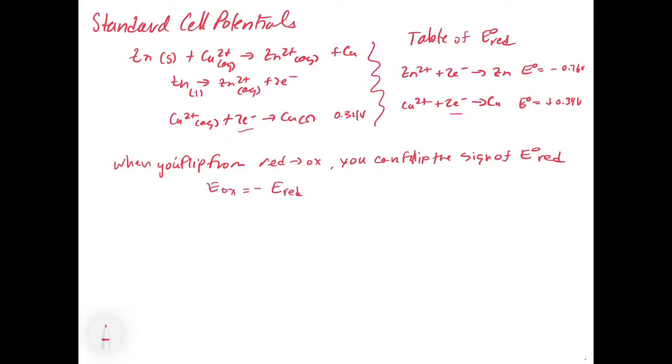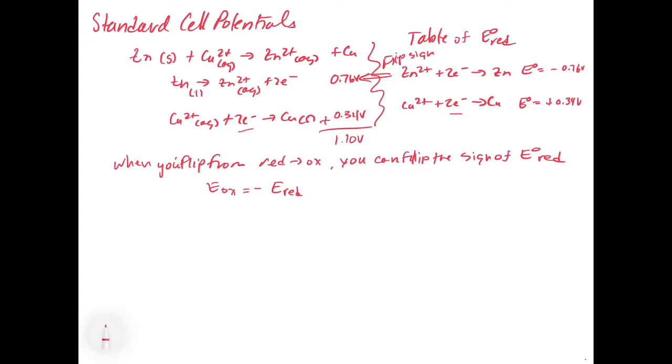So in this case, if we were to apply this, we would take this and flip the sign, since we've flipped these two reactions with respect to each other, and we can say that the potential for that one is going to be 0.76. So the overall field is going to be the combination of those two, which is 1.10 volts.